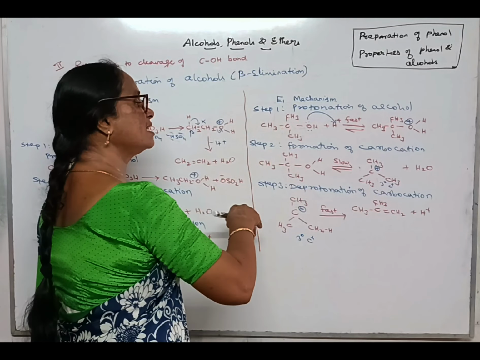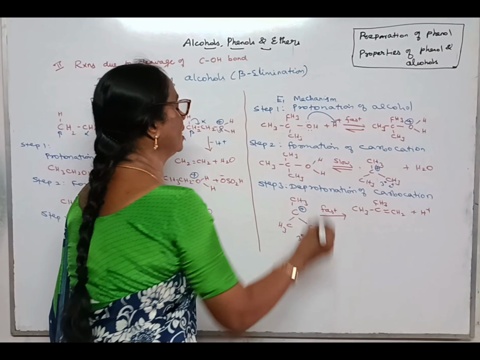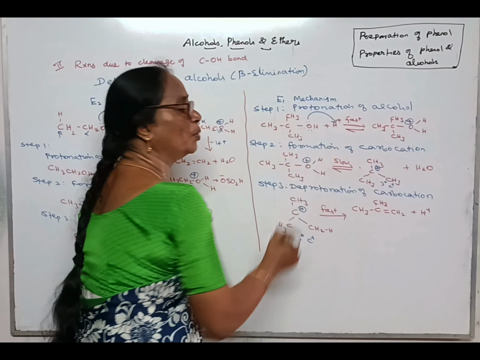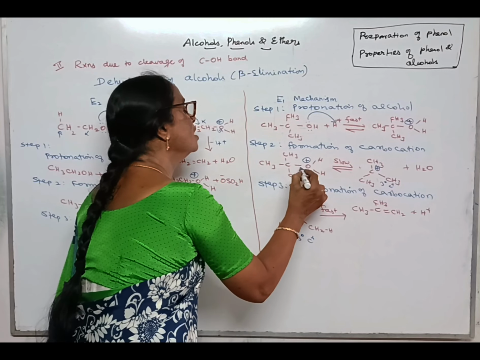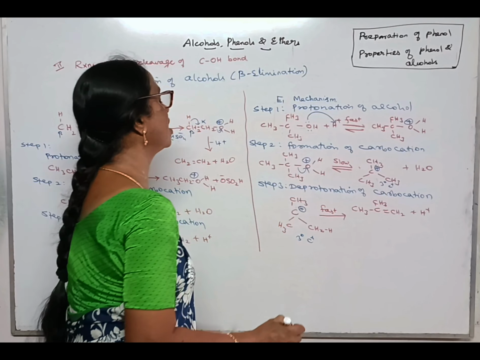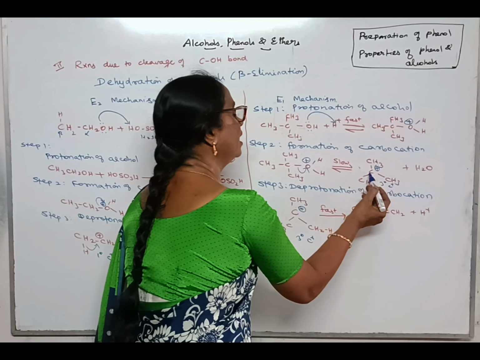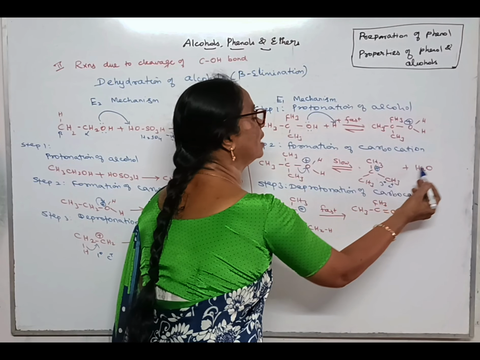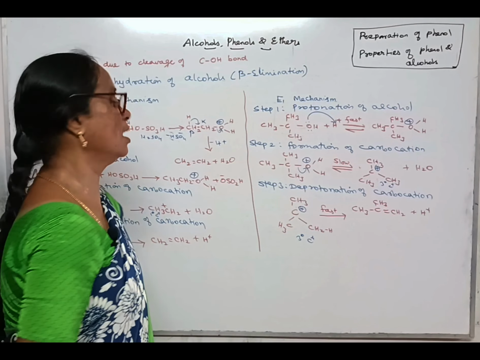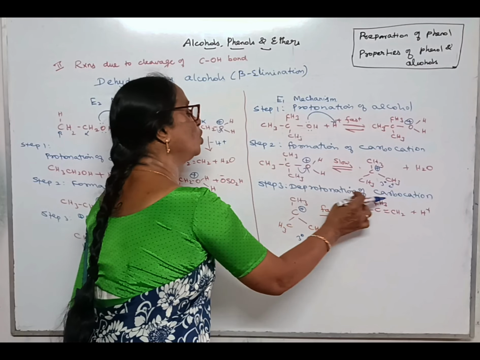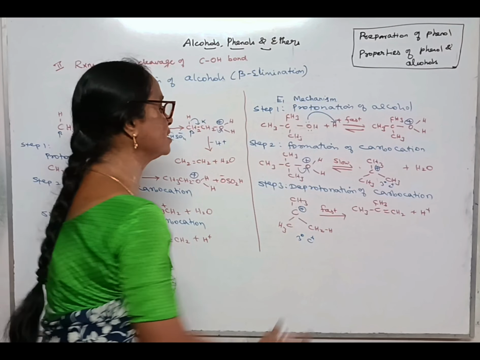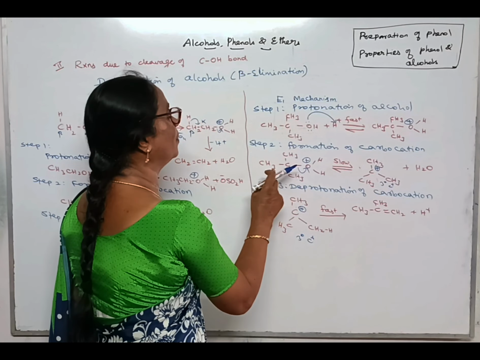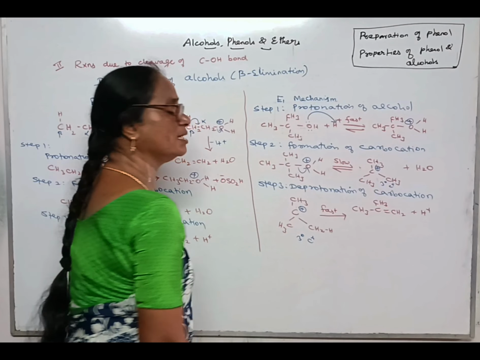The second step is the formation of carbocation, where the oxygen with the positive charge won't be stable, so it withdraws the shared pair of electrons from carbon, and hence you have a tertiary butyl carbocation with water. Following that, deprotonation of the carbocation takes place. This step is a fast step, but the formation of carbocation is a slow step.